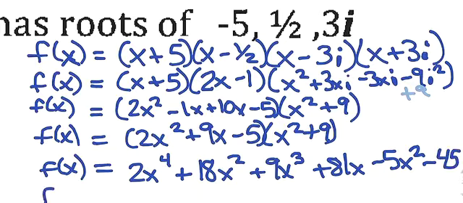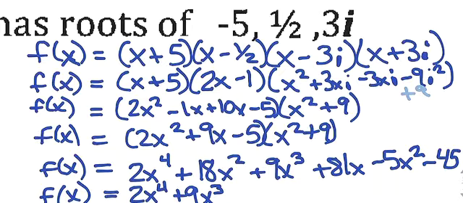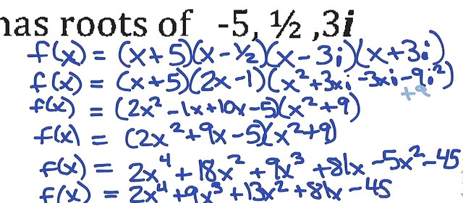Any like terms, you want to put those together. Highest exponent first is the 4th. Any cubes? Yep, a 9x cubed. Any squared? We do a negative 18 and a negative 5, so that's 13x squared. And x is 81. And numbers, just that negative 45. So this is what we come up with as our final answer to that polynomial right there.